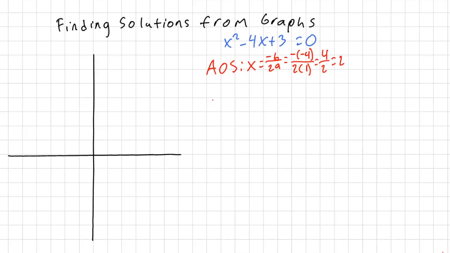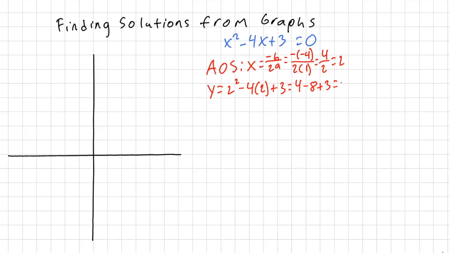So then, to find the y-coordinate of the vertex, because that's the x-coordinate of the vertex, we plug it in, and we say y equals 2 squared minus 4 times 2 plus 3. 2 squared is 4. 4 times 2 is 8, plus 3.